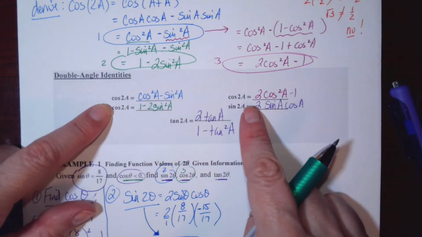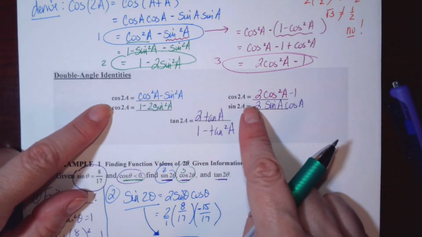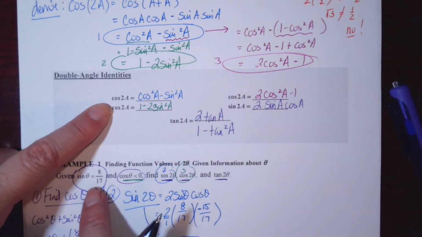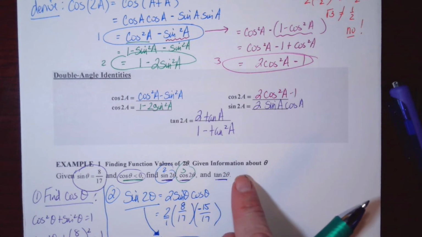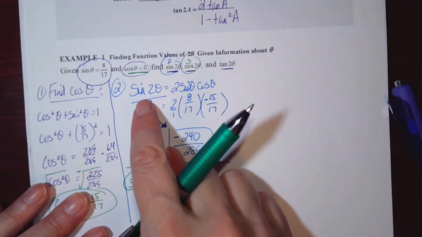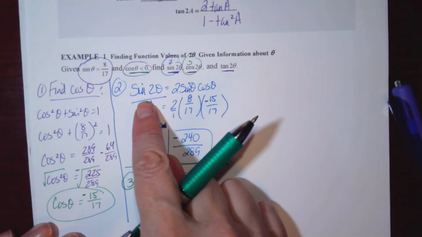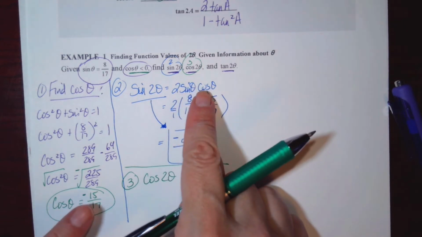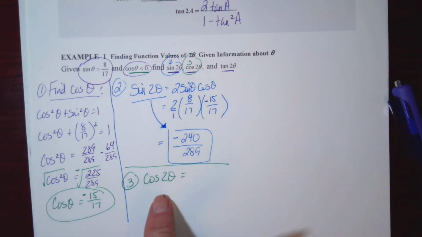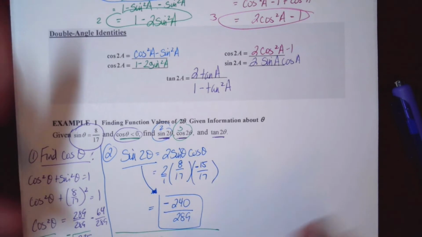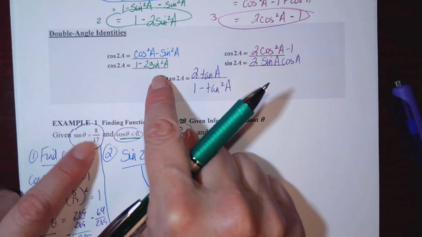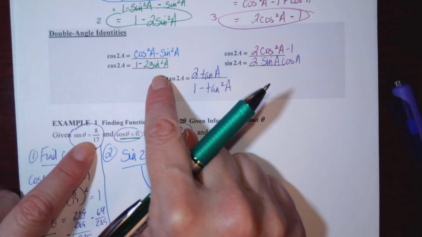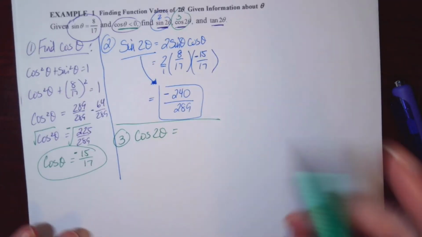Deciding which one I use, I could really use any of them, but remember the idea that we always want to use the givens if you can. Well, for sine double angle, I only had one identity. I had to use this found value for cosine. But when I do my cosine double angle, I can stick with just this second option and I use my given. So if my value for cosine theta happened to be wrong, I'm not starting out with the wrong amount.